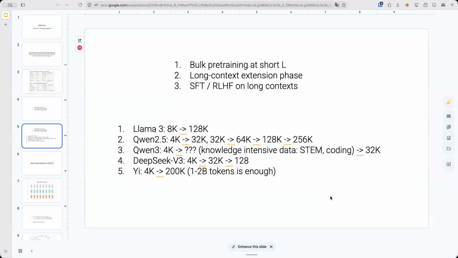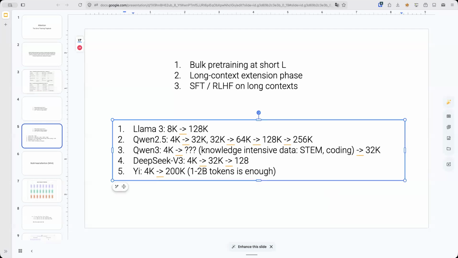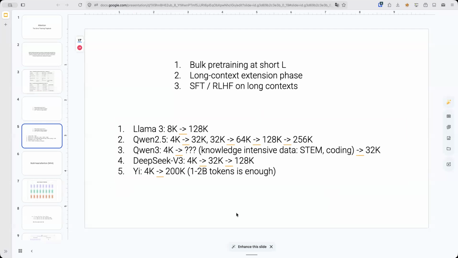DeepSeek V3 goes from 4K to 32K and then to 128K. And finally, there's a model I'm hearing about for the first time, and it goes from 4K to 200K. I don't think they make this jump instantaneously; we probably have to read the technical report in more detail.